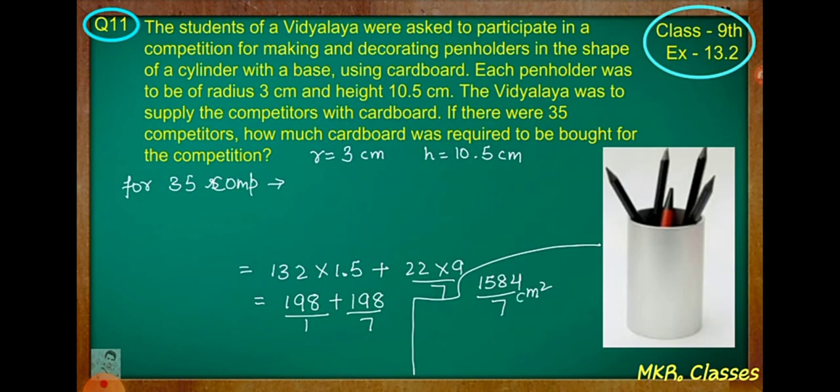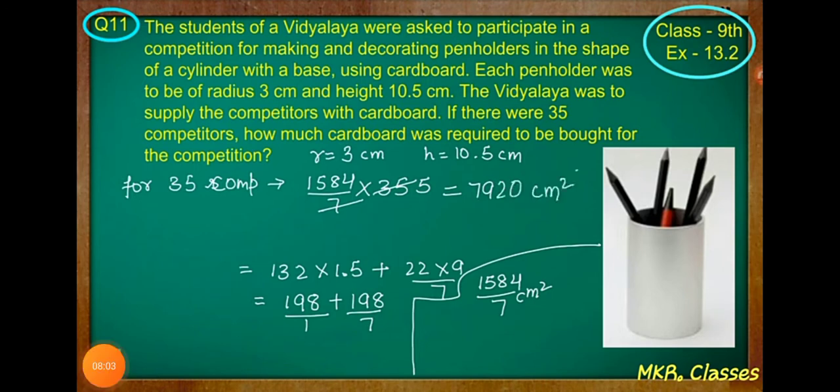Look, 35 we can cancel out by 7, 5 times, and now we multiply. 5 fours are 20, 5 eights are 40, and so on. So it is 7920 centimeter square.